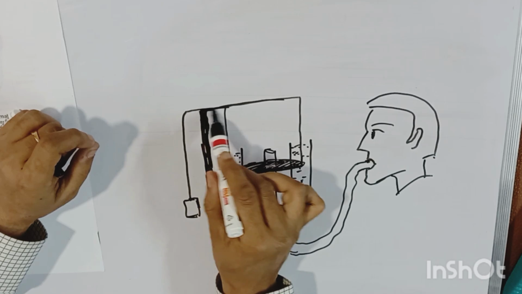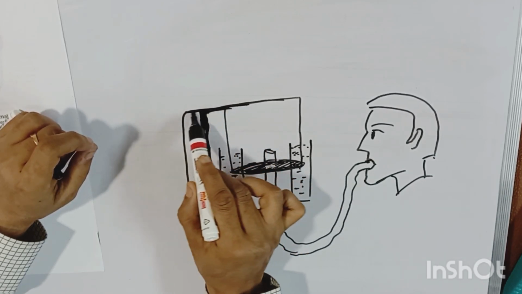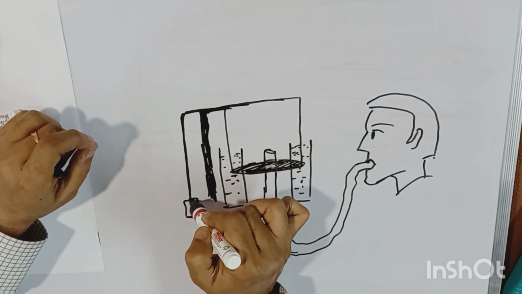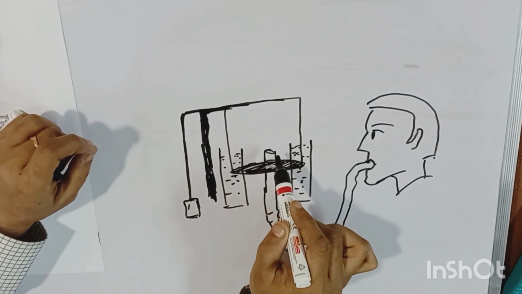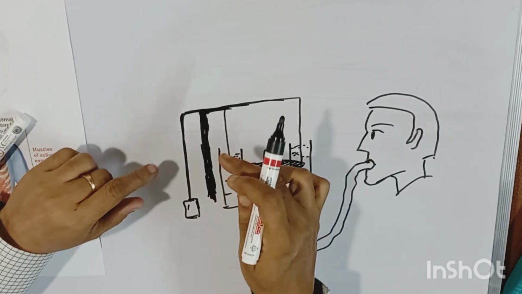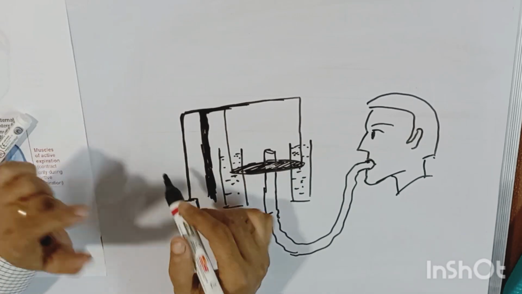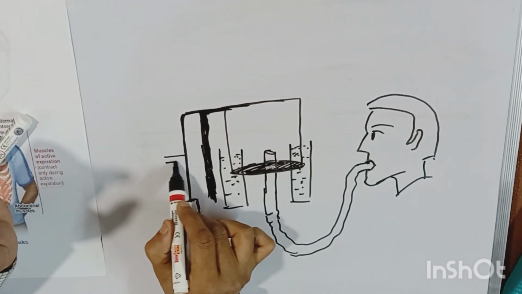I have drawn a wire, and this has balanced the weight of the drum. So this is the arrangement. And I draw a pen here.